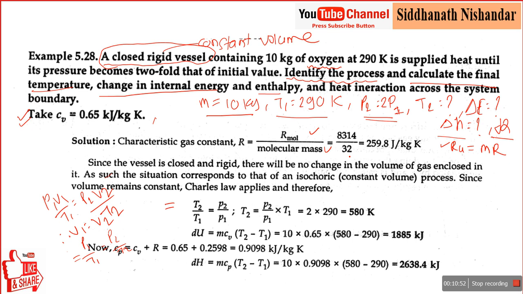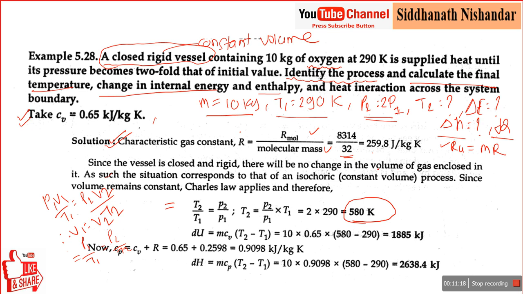Just remember, it is not given, so I have taken 32. So we find the value of R, the characteristic gas constant. From the general gas equation we find the value of T2. P2 is equal to twice P1, so P1 cancels, T1 is given, and we can get T2.